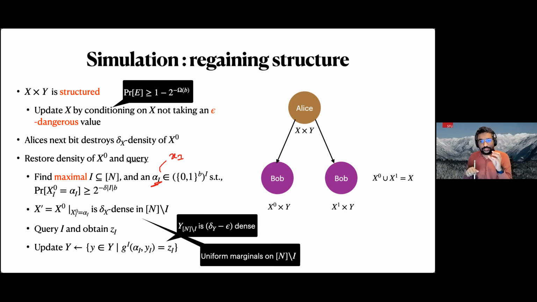So this particular xi is not dangerous. So the x that it came from is not dangerous. It's not leaking, it's not sparsifying. So we know that this query answer will only reveal I bits of information, and we'll also be sure that y on n minus I is dense.